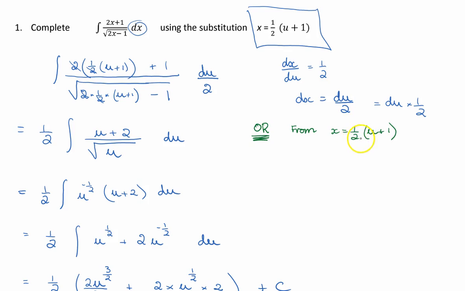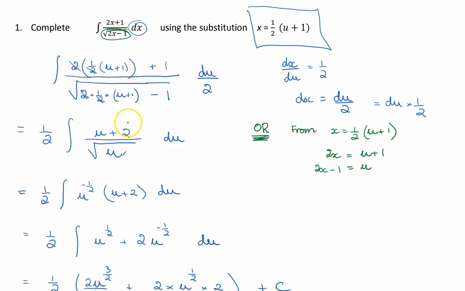Now, if I multiply both sides by 2, I'll get 2x, and I'll have u plus 1. And then I'm more familiar with getting an expression for u: u is 2x minus 1. Now, that is good for here because you can see 2x minus 1. You would replace what's underneath the square root with the u, which would get you to that spot there.